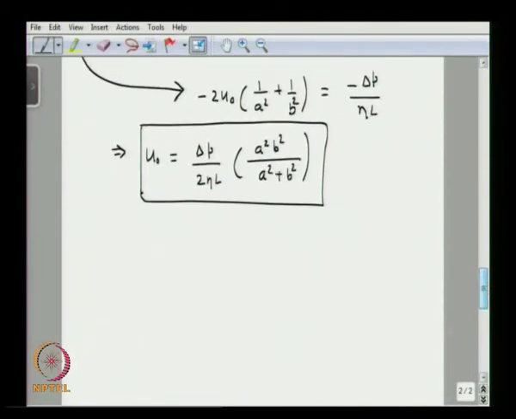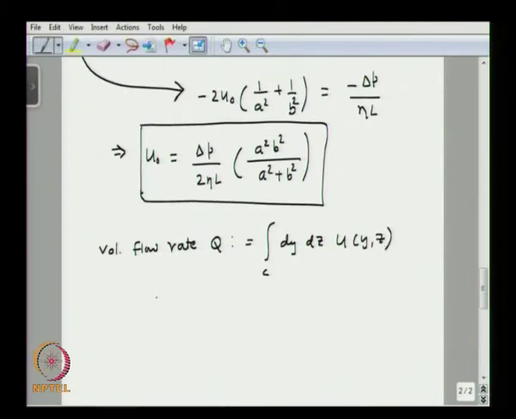So from there you can find the volume flow rate, the volume flow rate Q can be found. So Q will be equal to integration over the cross sectional area dy dz into u y z. Okay.